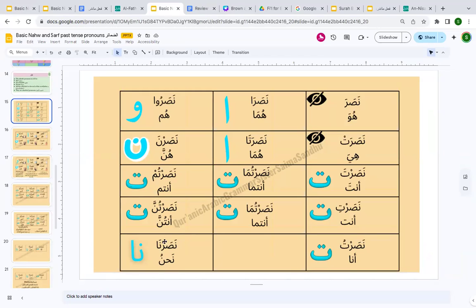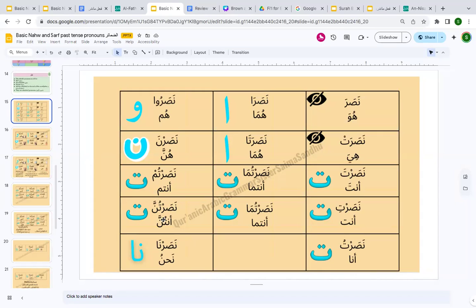For example, if I give you nasarna, can you all translate for me the meaning of nasarna? We helped. Everyone, it is going to be we helped. If I give you nasartu, it is going to be I helped. If it is nasartunna, what is going to be the meaning of nasartunna?